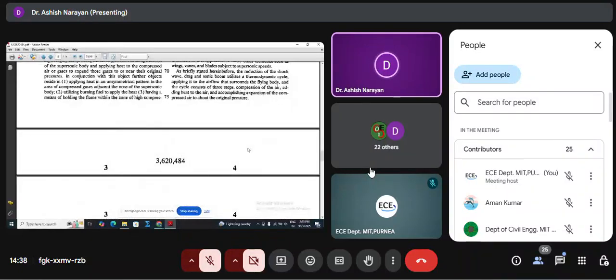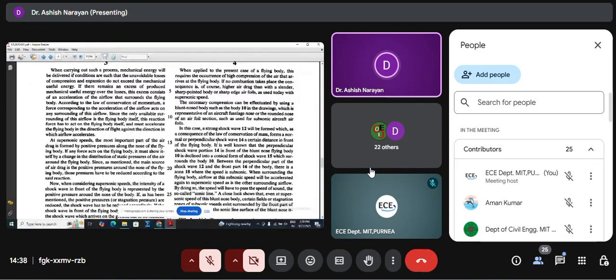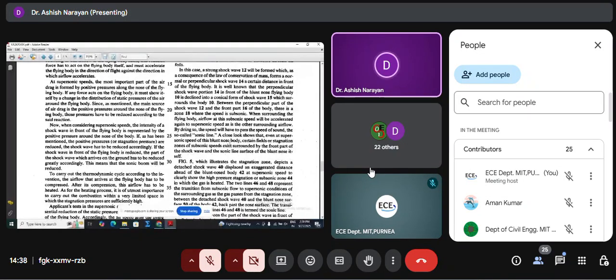Then you have to file the patent, whether in an Indian patent or a US patent. So we prepare the draft in this format.